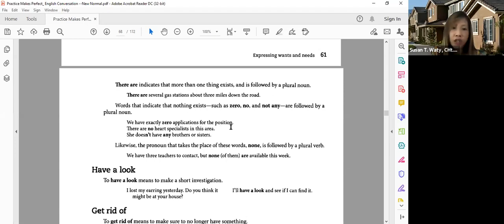There are no heart specialists in this area. Watch the noun, it's plural. This is there are instead of there is. She doesn't have any brothers or sisters. Look at the nouns, these are plural, sisters and brothers.